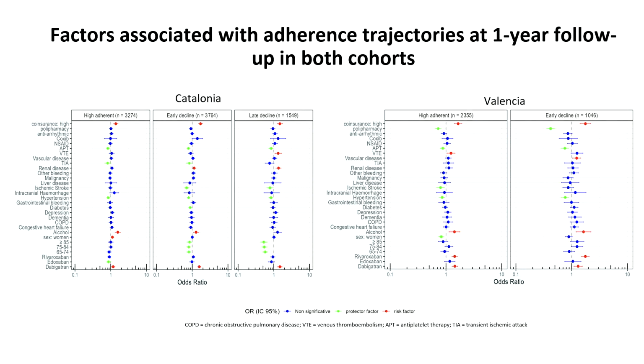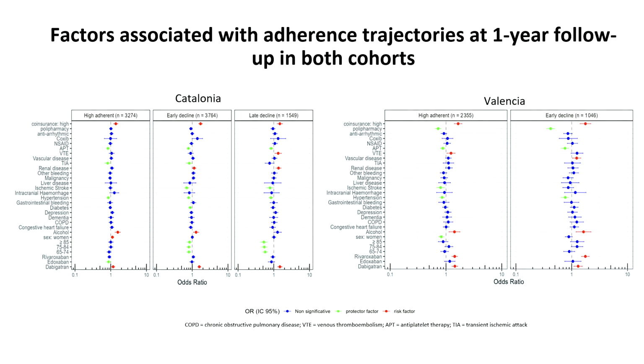Factors associated with adherent trajectory at 1 year follow-up in both cohorts are shown on this slide. In both cohorts, multinomial logistic regression was performed to assess the association between baseline characteristics and membership with identified adherent trajectory.